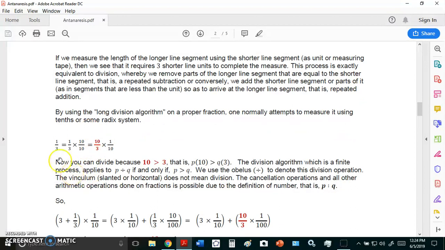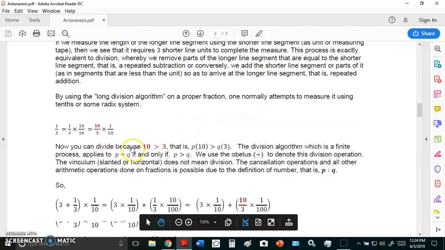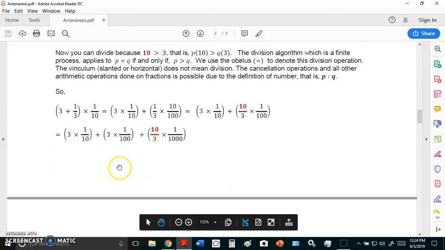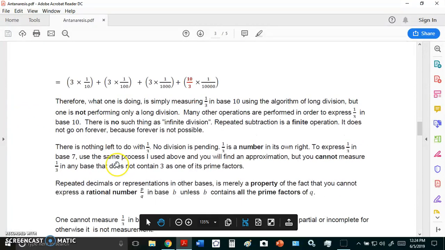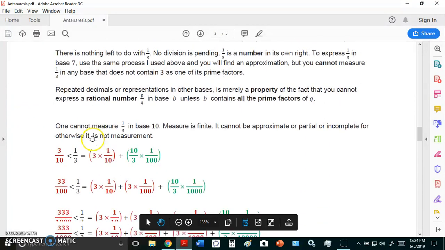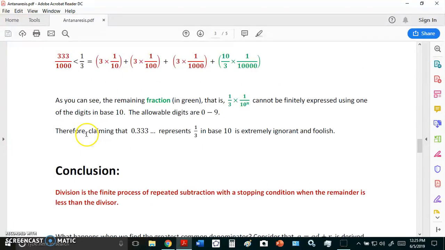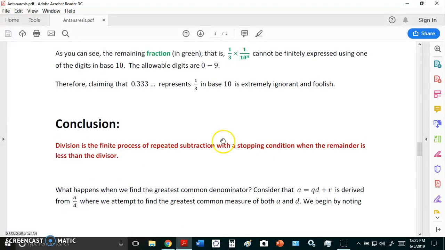So I show you in this article how you can actually find the division algorithm in terms of the original concepts of Euclid, and also how to find the greatest common denominator.